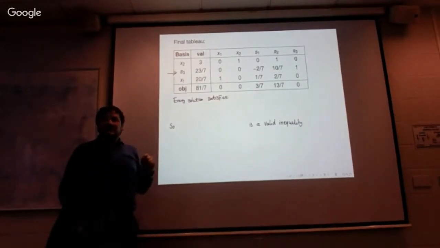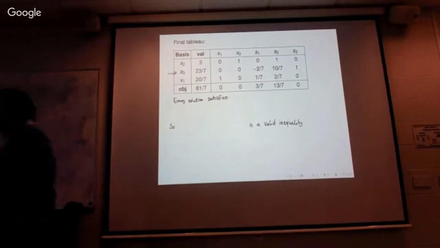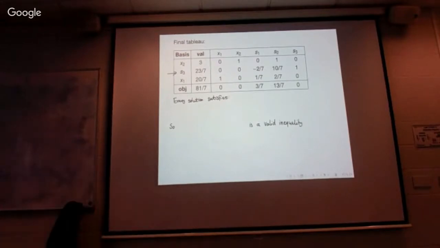And we don't really know which one to pick. Each of them will work. So let's have a look at this one now, just because I want to show you something.